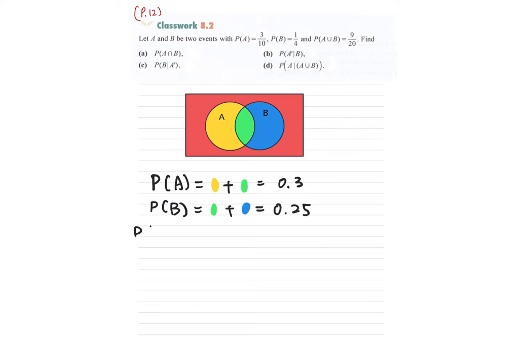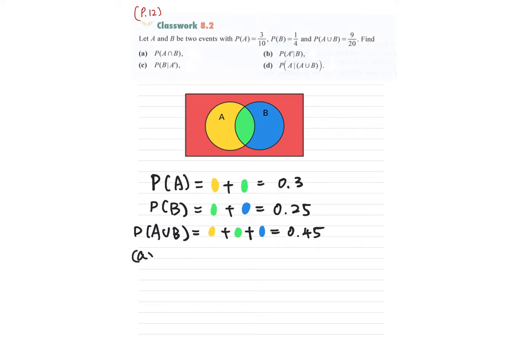And the probability of A union B, it means we have to count all of them, that means A or B. So we have the yellow part plus the green part plus the blue part, and that value is 0.45. So this is the given information. By using this given information, you can find all the values for part A to D.